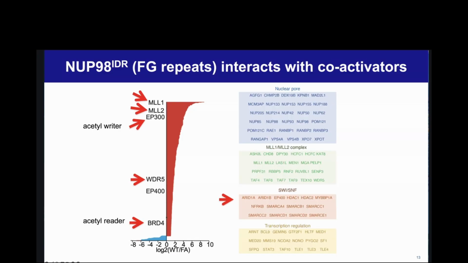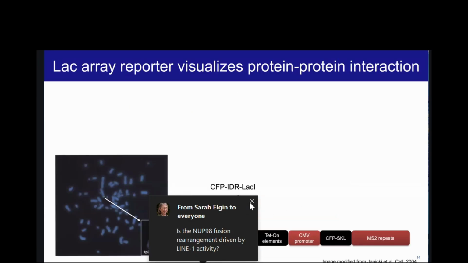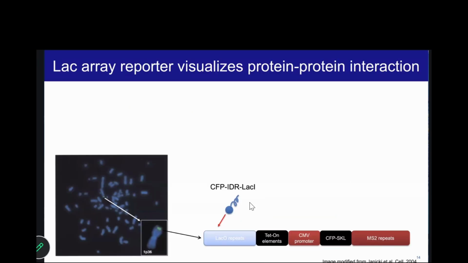And also BRD4, which is, as you know, an acetylation reader protein and a quite important coactivator as well. And because we see this interaction, we use a lot of different ways to verify it. Long story short, we can verify that they indeed form interaction with wild type FG, but not the mutant FG, which we call AGs.